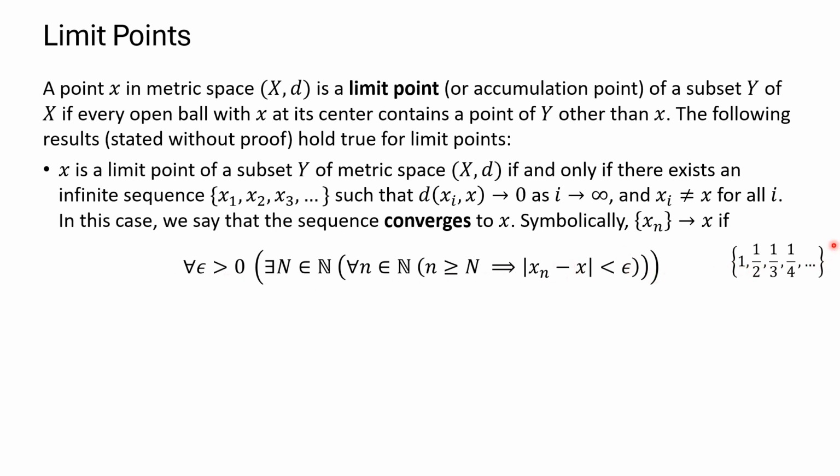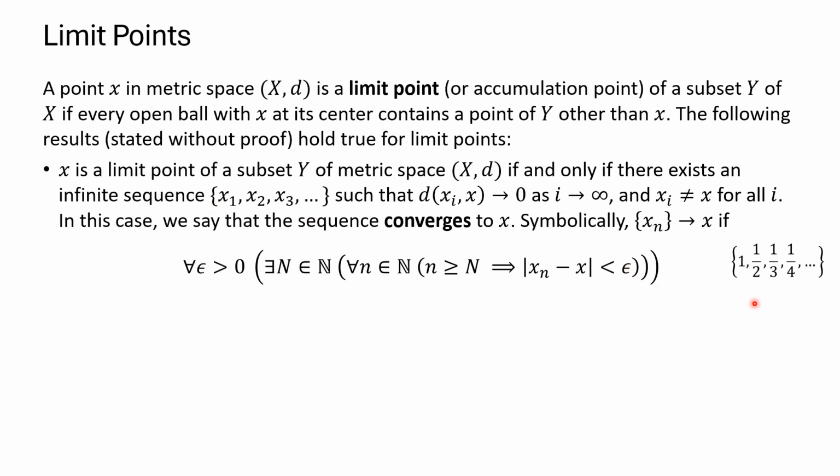So here we have an example. The point 0 is a limit point of this set. Even though it's not in the set, it's a limit point because these terms get closer and closer to 0, so you have basically this infinite sequence that approaches 0. So this fits the definition. What doesn't fit the definition of a limit point is the point 1.